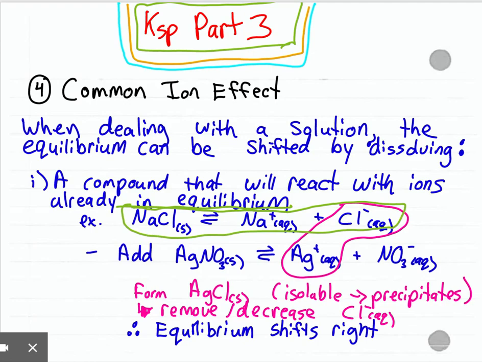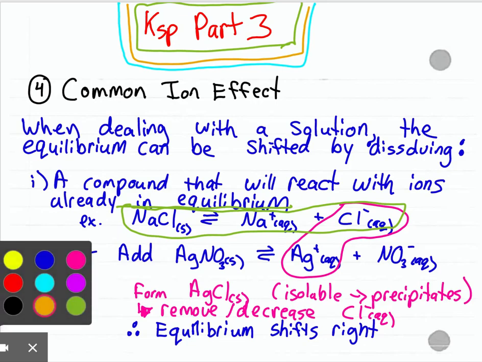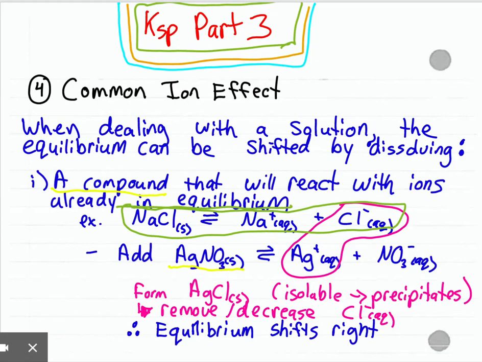Now, if we were to add silver nitrate, the silver nitrate is also going to form an equilibrium with its dissolved ions. It's going to dissolve into our silver ion and our nitrate ion.